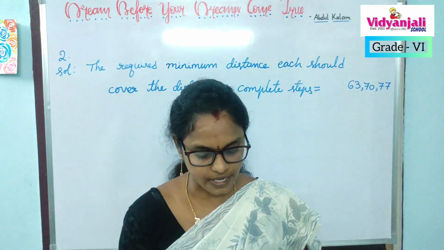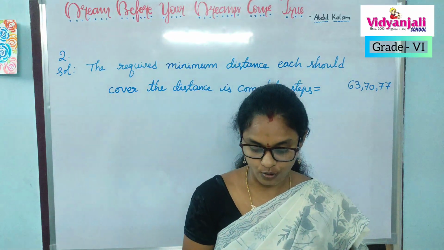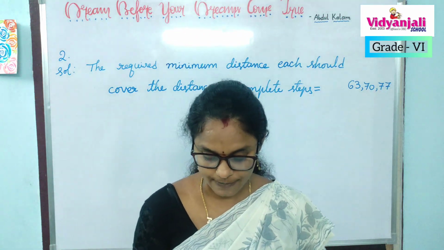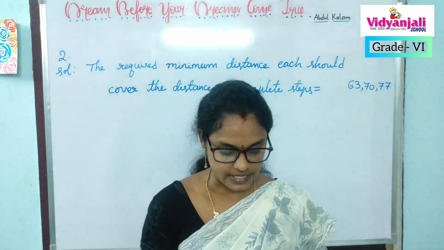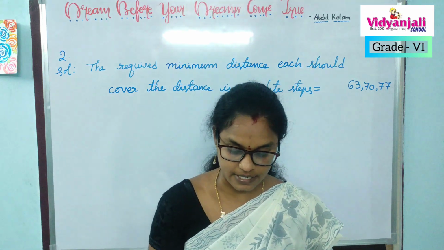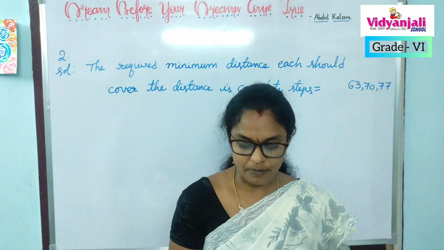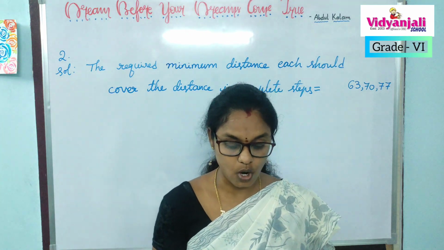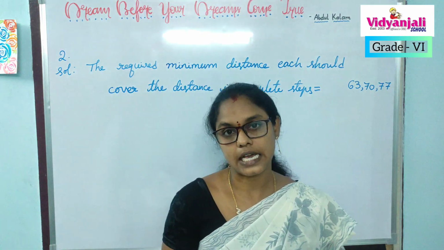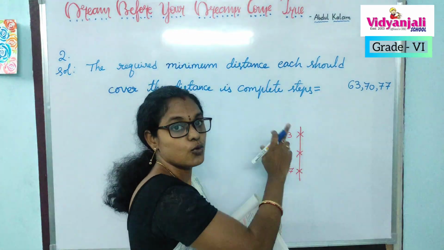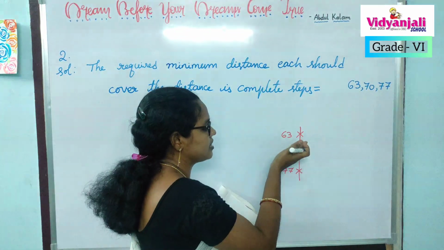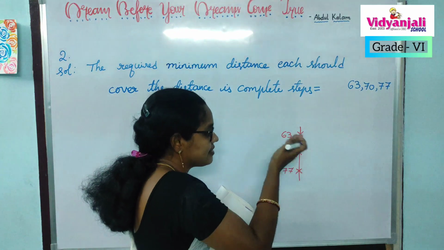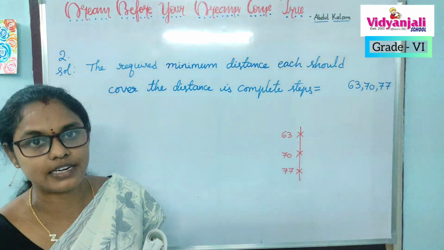Read the question everybody. 3 boys step off together from the same spot. Their steps measure 63 centimeters, 70 centimeters and 77 centimeters respectively. What is the minimum distance each should cover so that all can cover the distance in complete steps? Here children, we have 3 boys. First boy's foot measure is 63, second boy's is 70 and third boy's is 77.